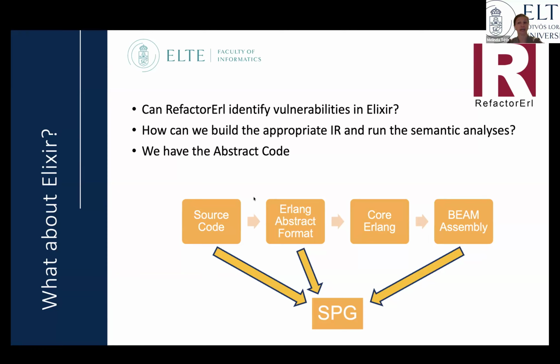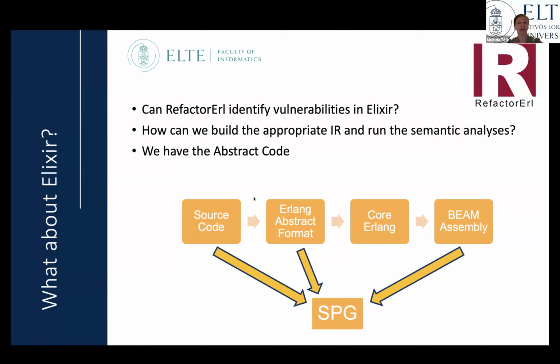But obviously, there are some differences in the Erlang and Elixir analysis. We had to add new checkers because we can spot, once we have an Elixir construct that is compiled to some Erlang library functions.